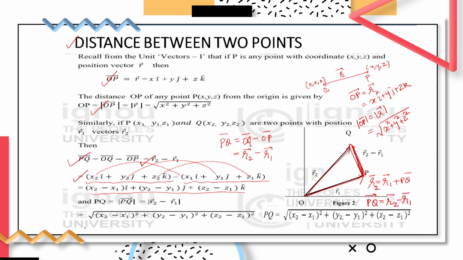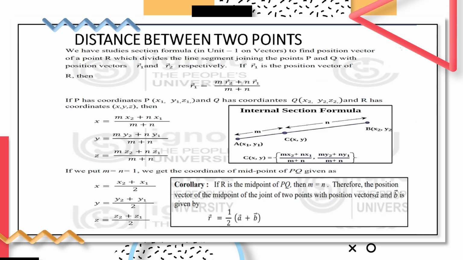Which is very much true over here, that is PQ vector is equal to R2 vector minus R1 vector. We simply applied the understanding of the triangle law of addition of vector, and we found that R2 minus R1 is the resulting vector. You can determine R2 minus R1 by using this expression, by determining the vector PQ.